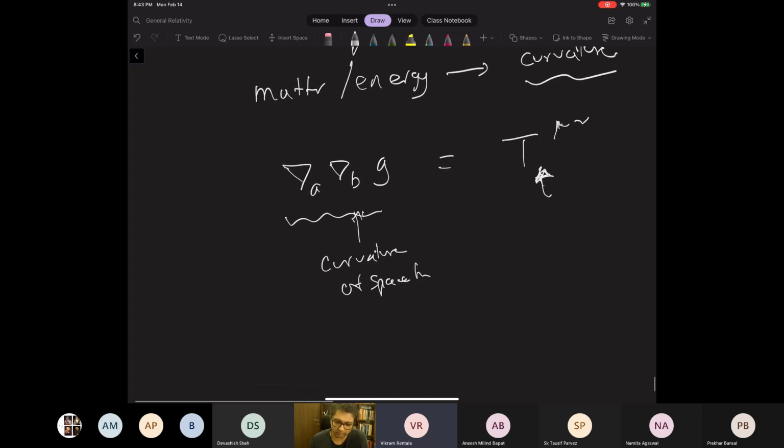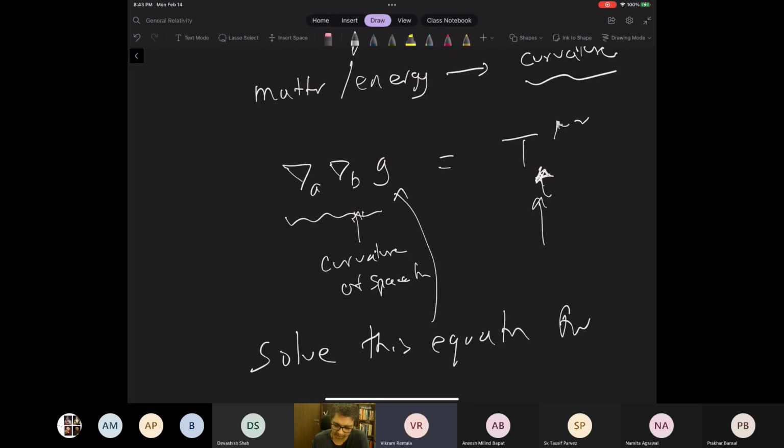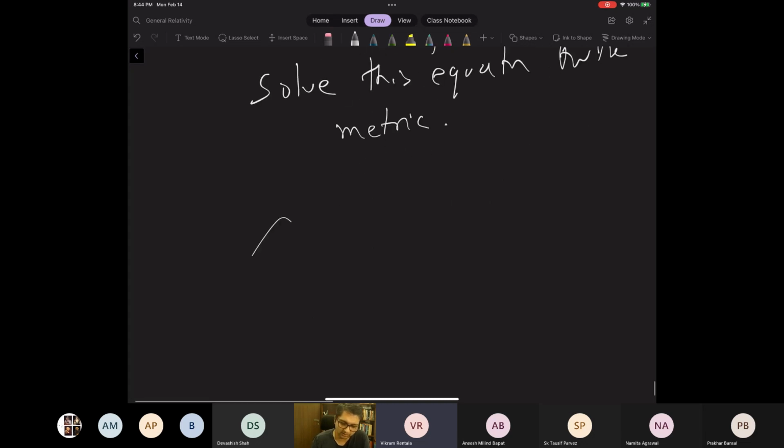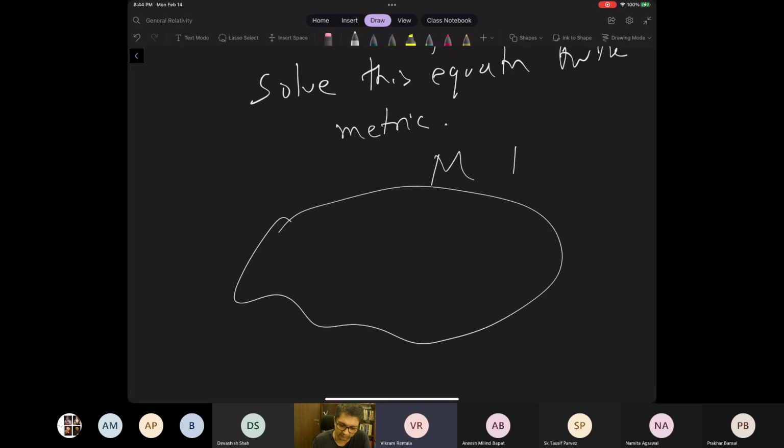Now, given some T_mu nu, you have to solve this equation to find out what the metric is. Once you solve for this metric, the solution is now your manifold with a metric.